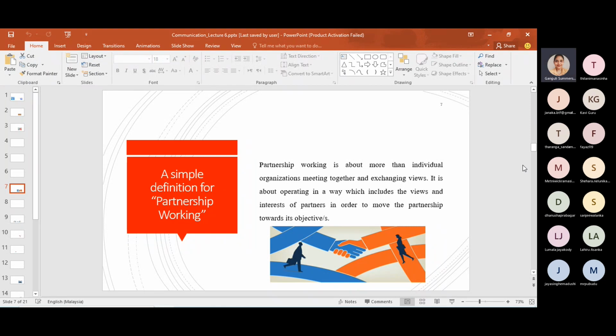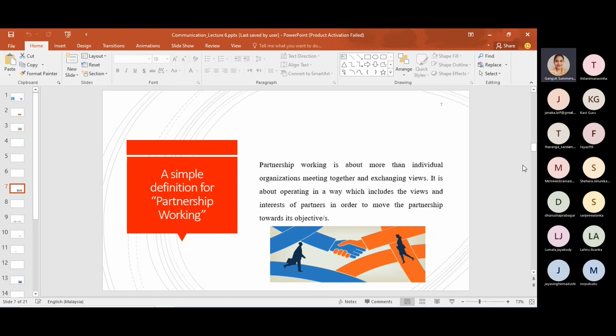So in partnership working, all the partner organizations who are involved are working towards a common goal, a common objective.